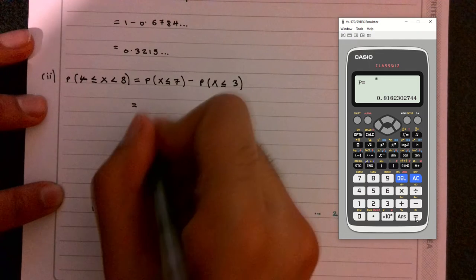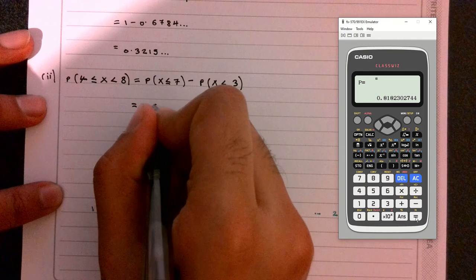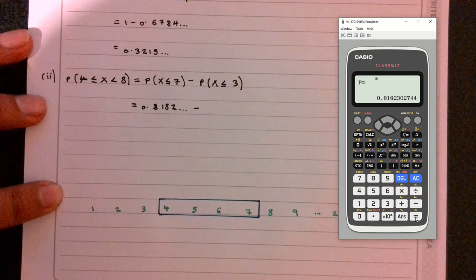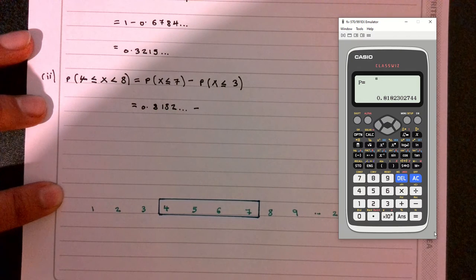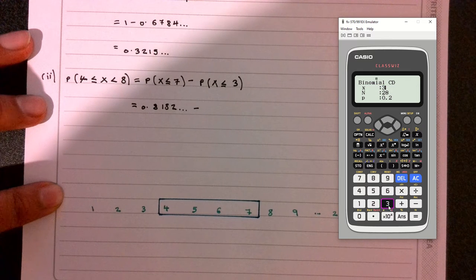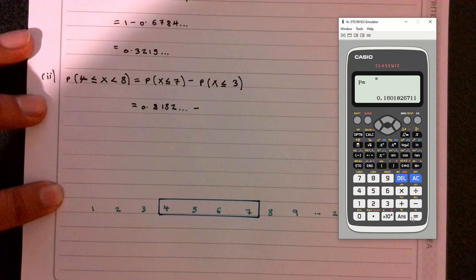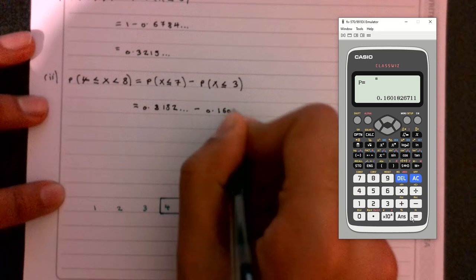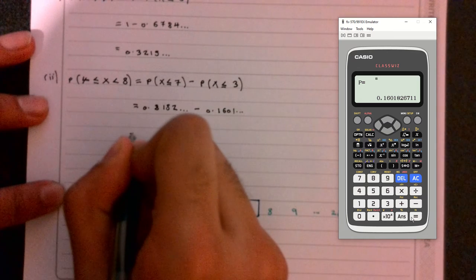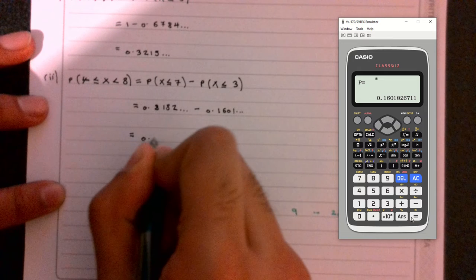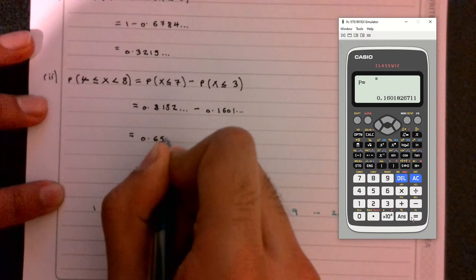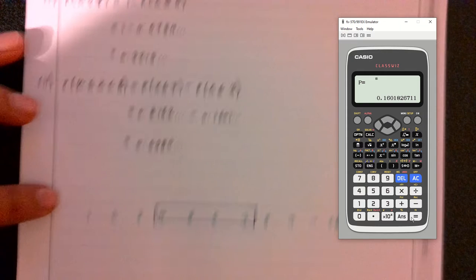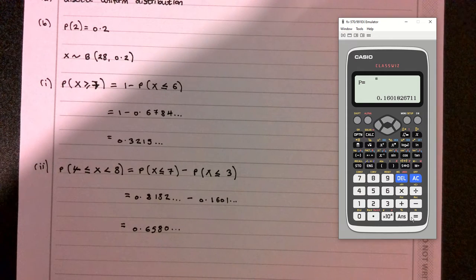That value is 0.8182, etc. And then if we subtract off the probability that x is less than or equal to 3, we subtract off 0.1601, etc. The result of this is 0.6580, etc. Okay, so that's our final answer.